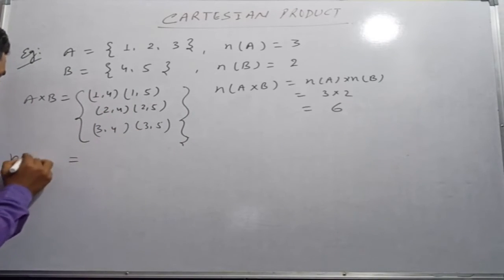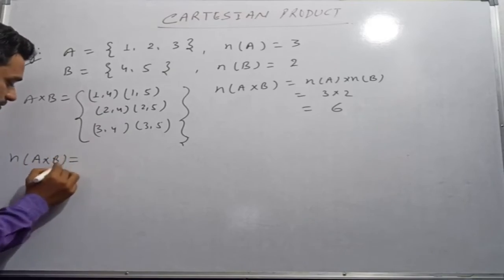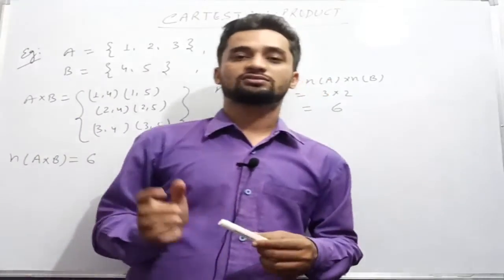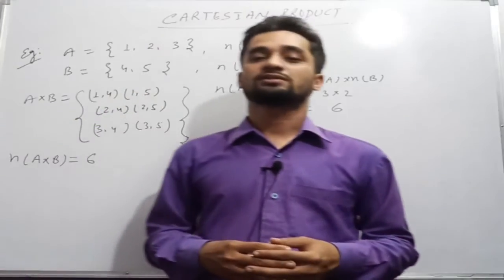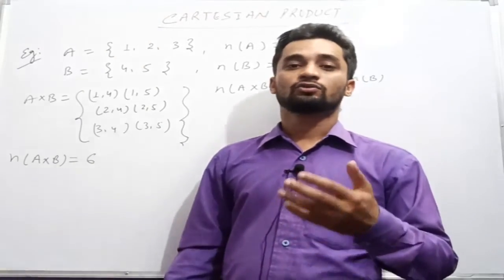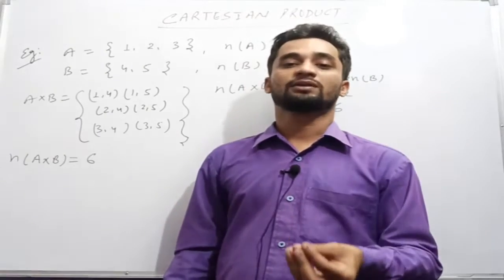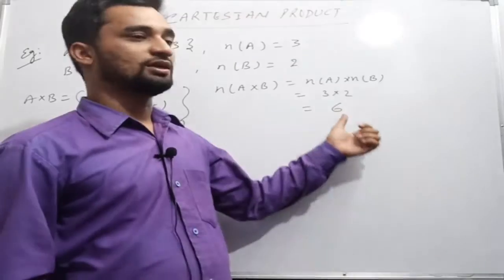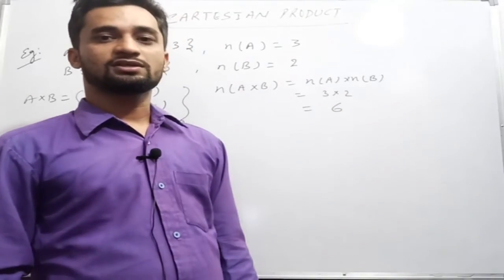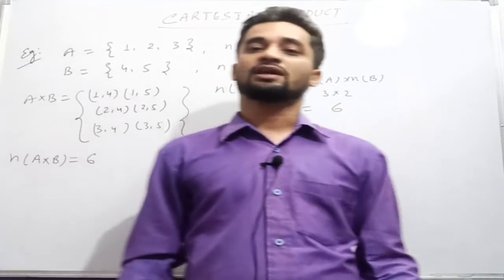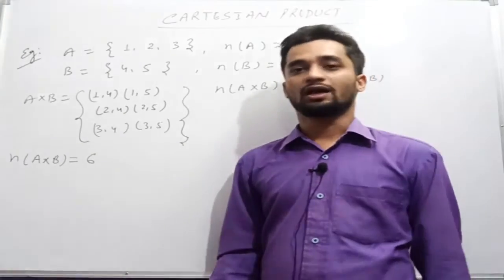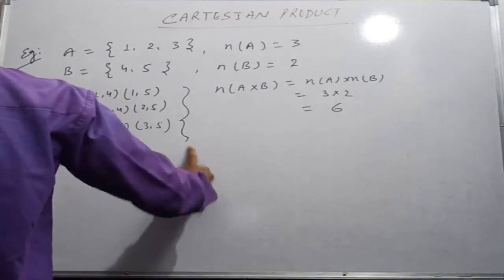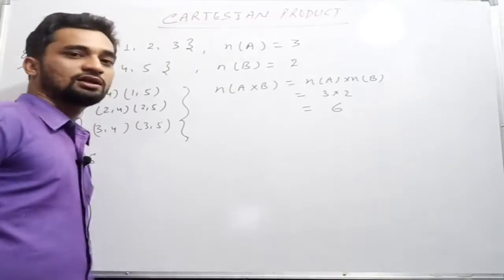So the number of elements in A cross B is 6. If you are asked to find the number of elements in a Cartesian product when the numbers of elements in the two sets are given, you just need to multiply both numbers, and you will have the total number of elements of the Cartesian product. This is the way of finding the number of elements.